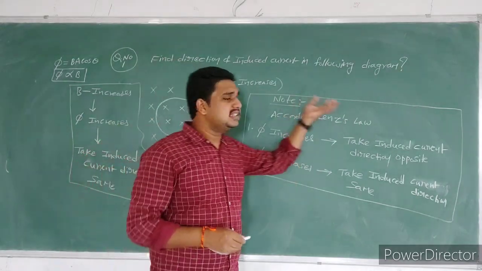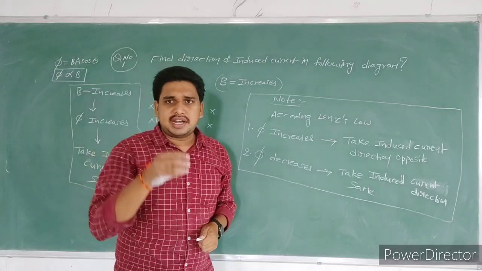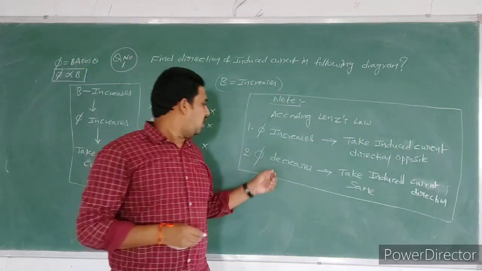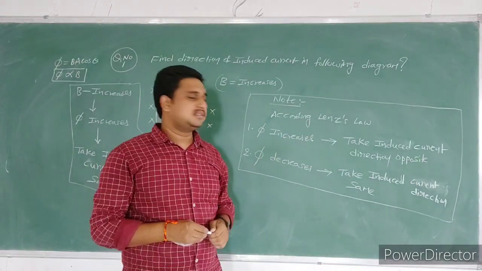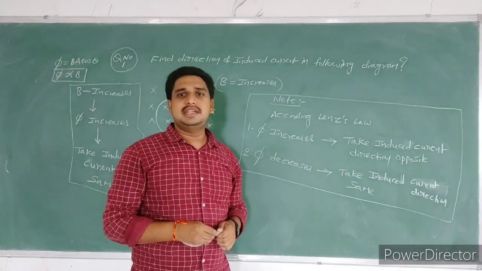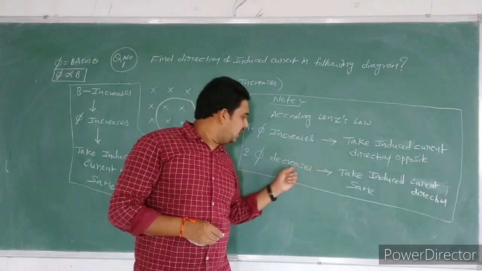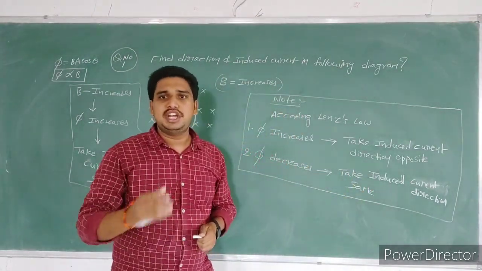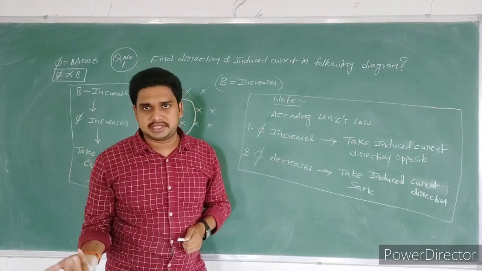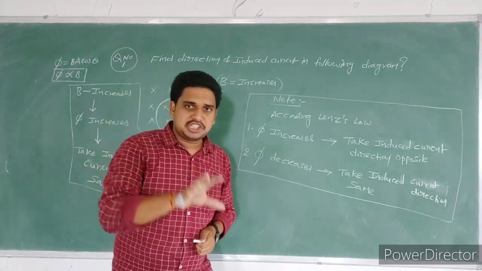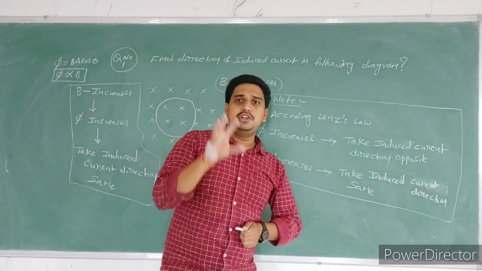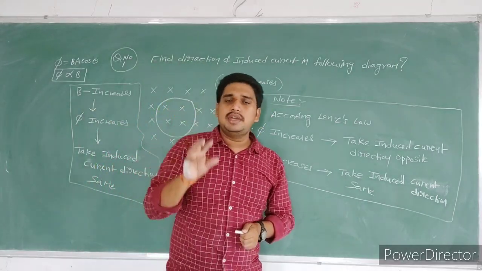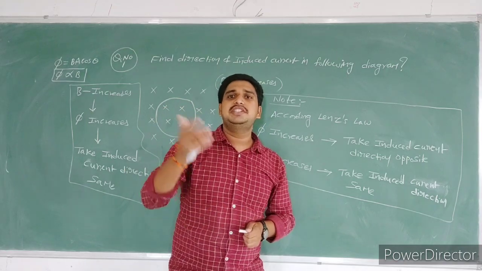If flux is already decreasing, the induced current is in the same direction, because we need not apply the opposite direction; the function of induced EMF is always to oppose the change in flux.